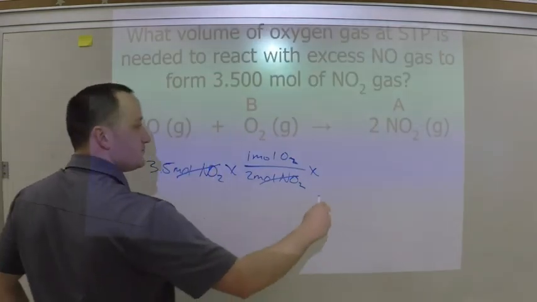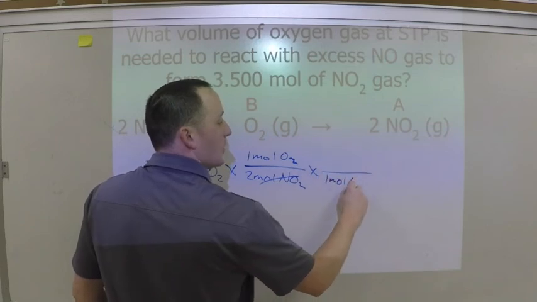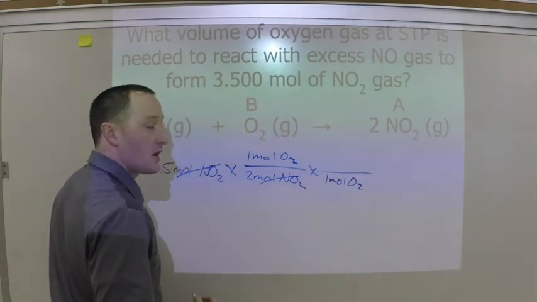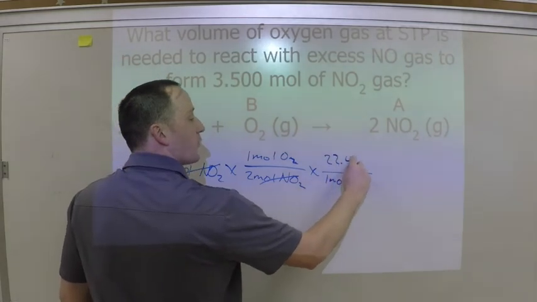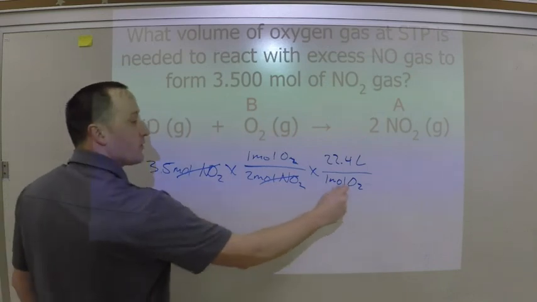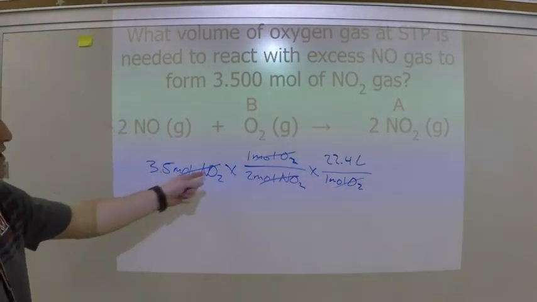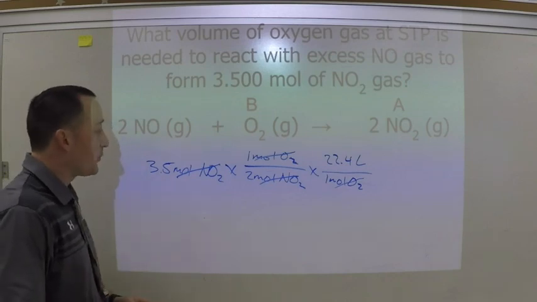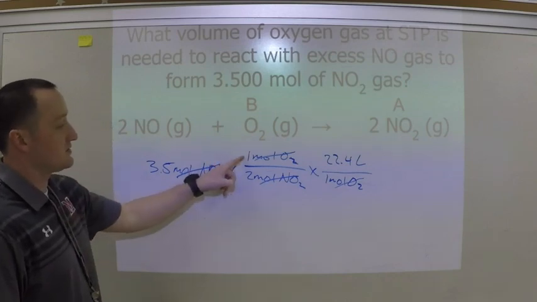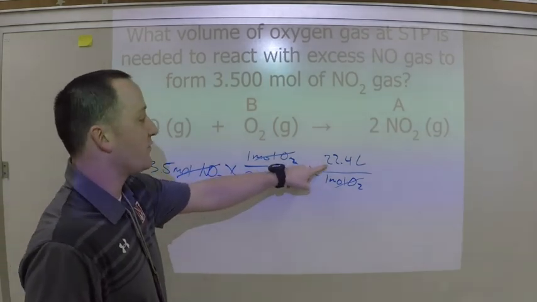So in other words, 1 mole of O2 gas has a volume of 22.4 liters. So now I'm going to cancel out those units, 1 mole of O2. And now I should be finished. Now I just need to do my math. So I'm going to do 3.5 times 1, which does nothing, divided by 2, times 22.4 divided by 1.